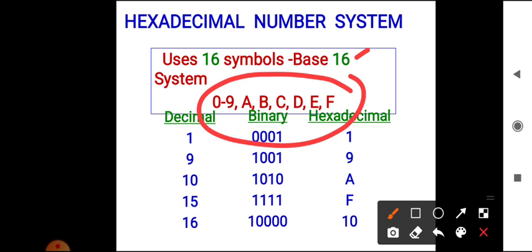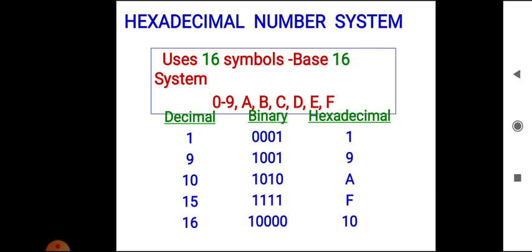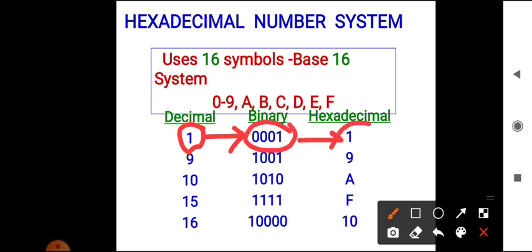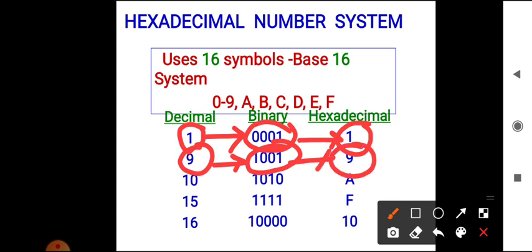Suppose 1 in decimal. If we convert into binary, we will get 0 0 1, and in hexadecimal we will get 1. Suppose 9: in binary we will get 1 0 0 1, and in hexadecimal we will write 9.